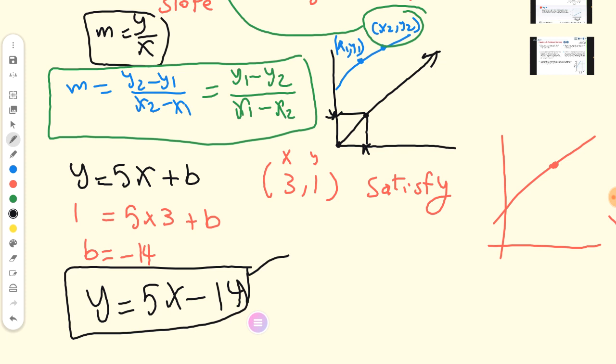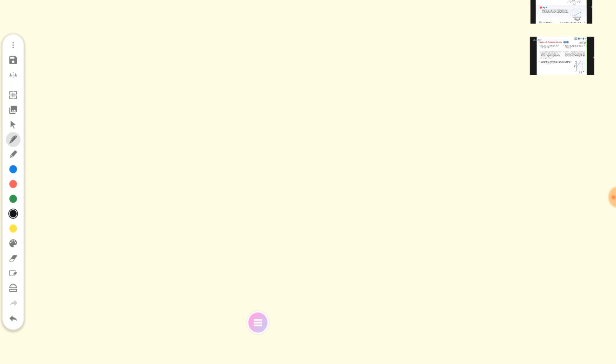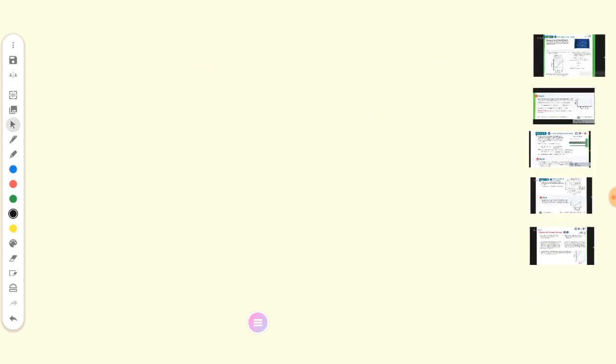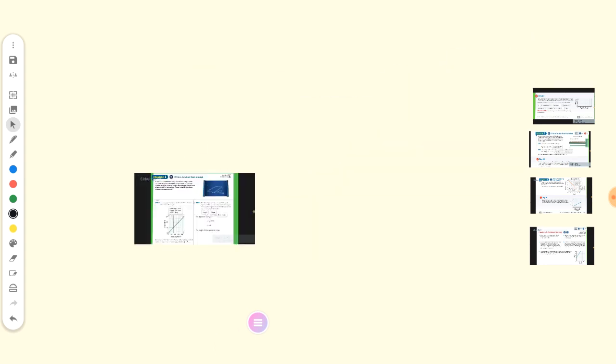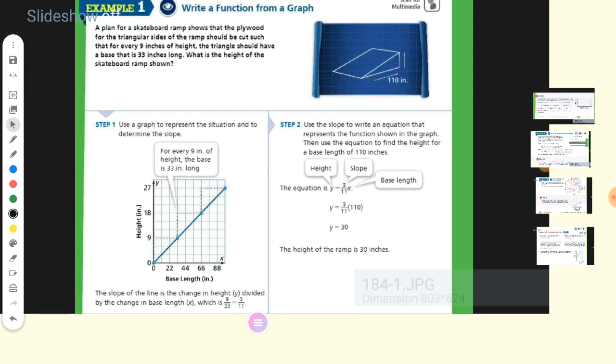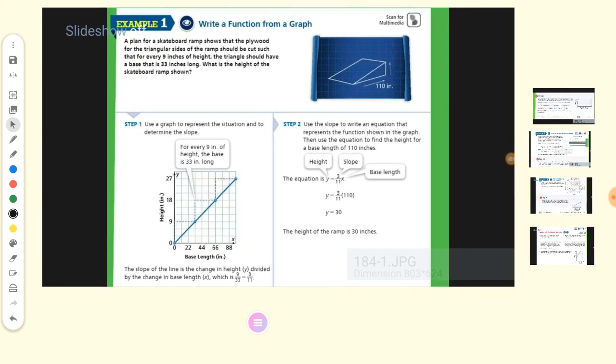Okay. Let's go to examples to describe what we should do. In our book, we'll start from the first page. The first page represents a relation, and as you see, the line starts from 0 and goes up as a straight line. It's a proportional relation, so to get the slope, it's enough to get 1 point.